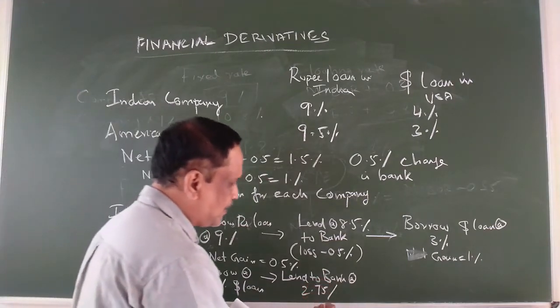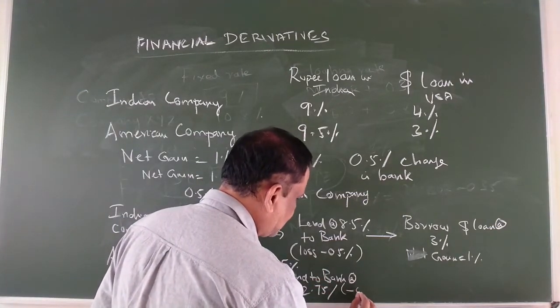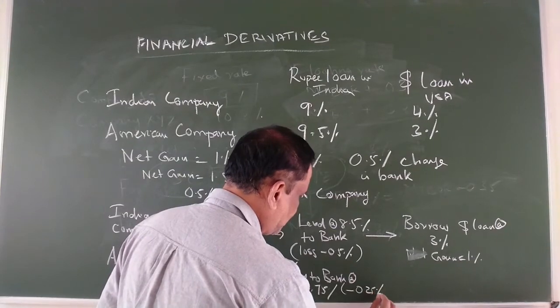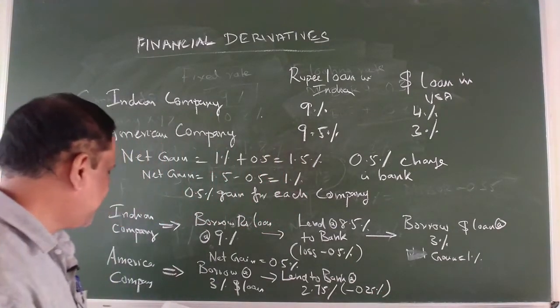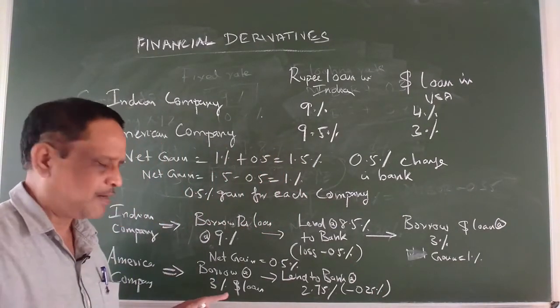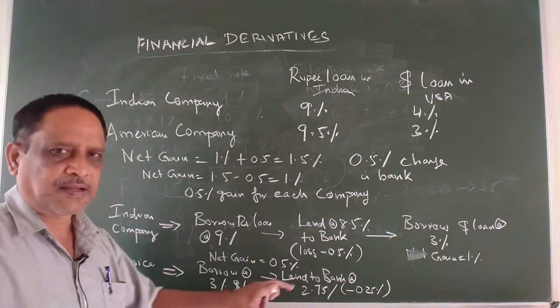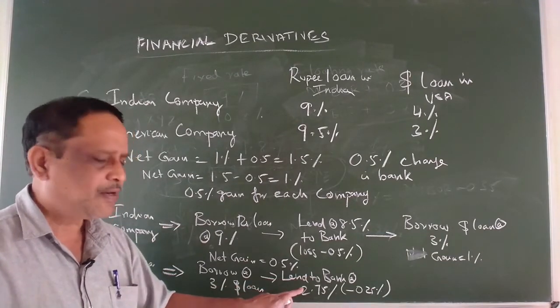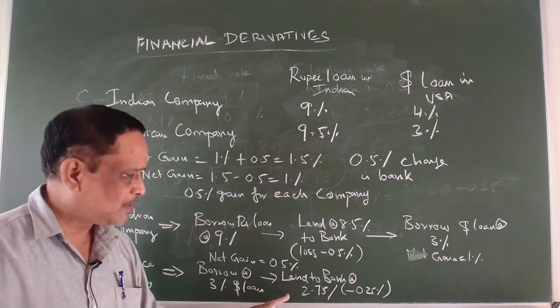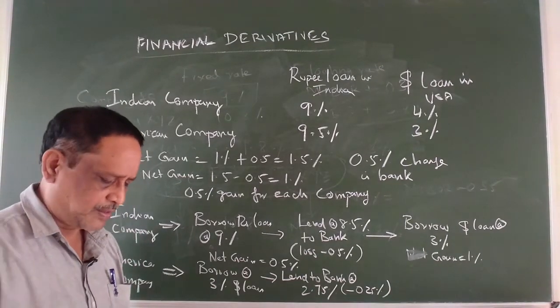So here the loss is minus 0.25 percentage. See, the American company is borrowing dollars at 3 percentage, and lending it to the bank at 2.75 percentage. The loss is minus 0.25 percentage.